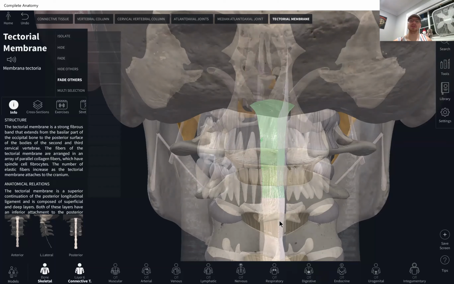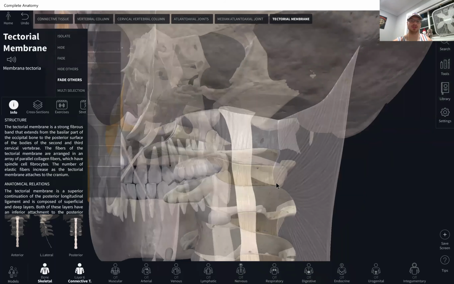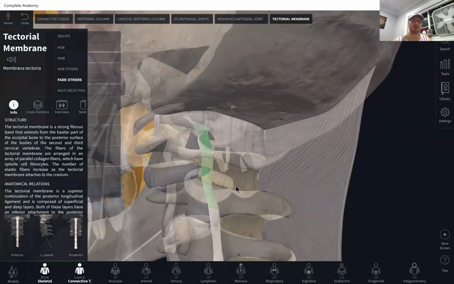So this will pass through the foramen magnum, and it's going to cover up the alar and transverse ligaments, which makes sense because those were impossible to find. So this sits in front of those, and it's that continuation again of the posterior longitudinal running up the rest of the cervical spine to the foramen magnum.